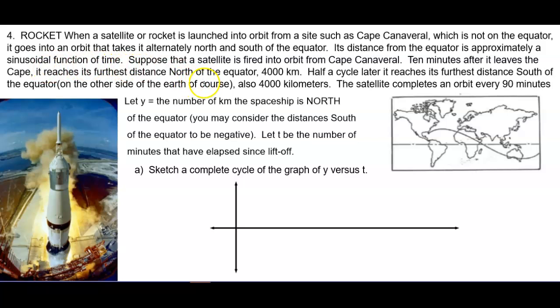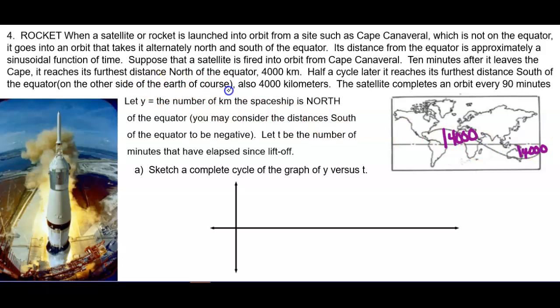Suppose that a satellite is fired into orbit from Cape Canaveral. 10 minutes after it leaves the Cape, it reaches its furthest north. So it's fired here, and it goes a little bit more north until it's 4,000 kilometers north of the equator. Half a cycle later, it reaches its furthest distance south, 4,000 south of the equator.